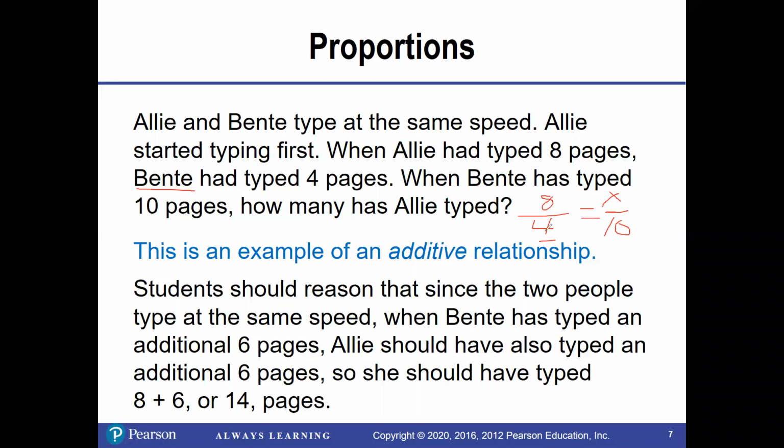As you solve this proportion, the additive property means that if I add 6 here, I have to add 6 here because they're typing at the same speed. When they first started, this is where they were at, which means 4 plus 6 is 10, and then 8 plus 6 would be 14. She will be at the 14th page at that point.